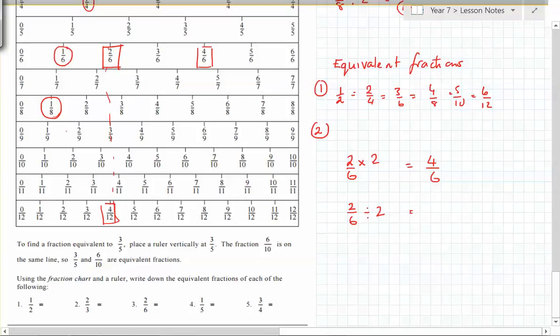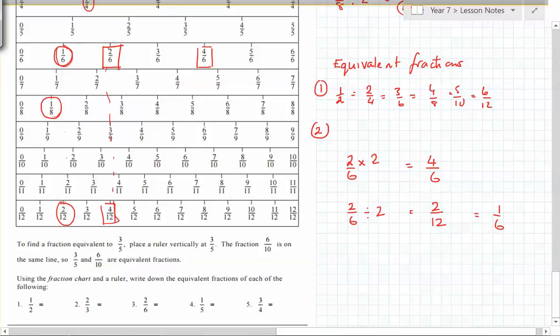I'm going to write 2/12 to start with, which is 1/6. Make sense or not? So 2/6, cut it in half, 1/6, which is also 2/12.